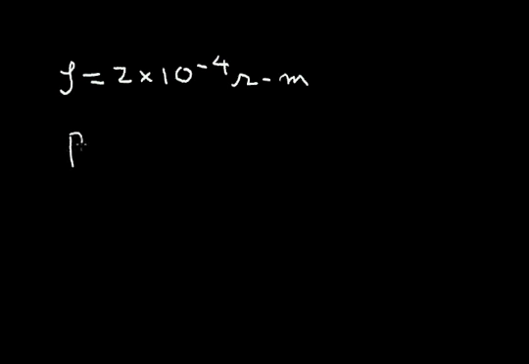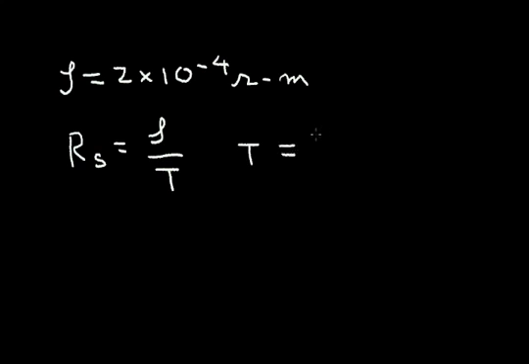Now sheet resistance, R sub S, is equal to rho divided by the thickness of the sheet, T. Now I know that R sub S is 100 ohms per square, and I know what rho is, so I want to solve for T.